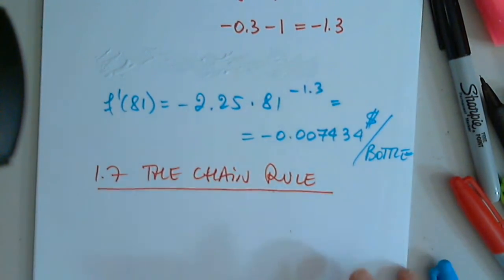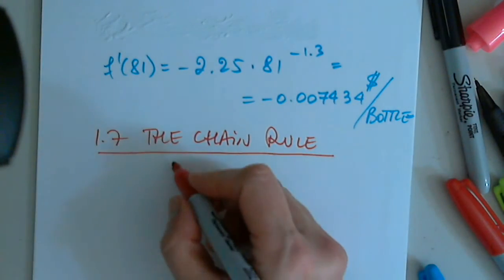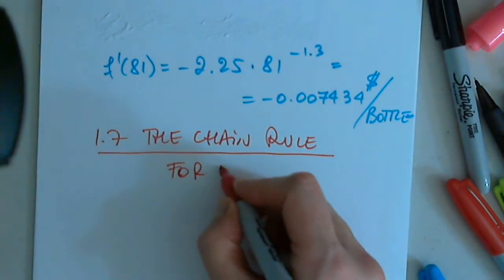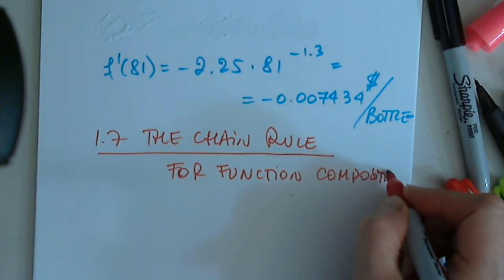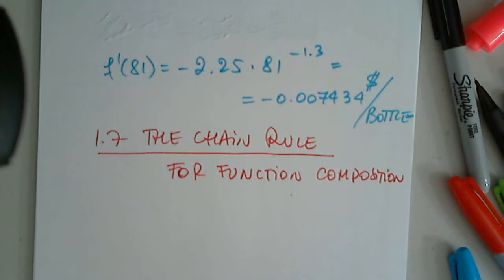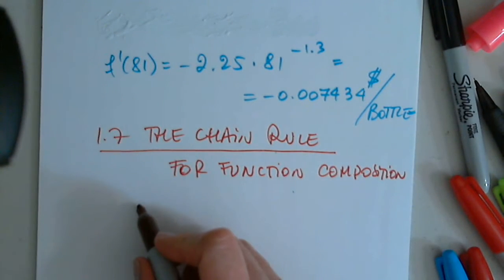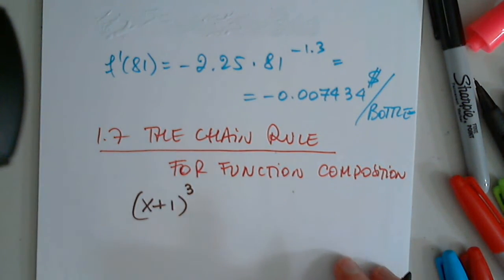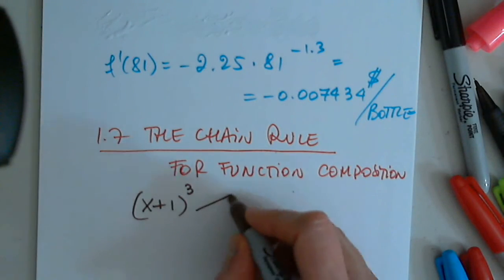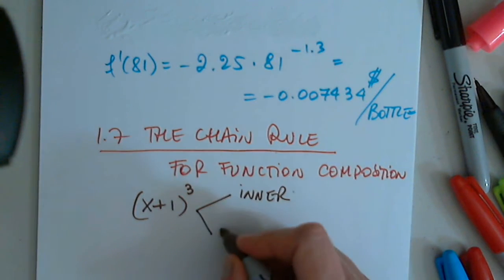The chain rule is for function composition. So what is this all about, function composition? Well, almost everything is a function composition. For example, if I have x plus 1 to the third power, this function can be decomposed into an inner and an outer.